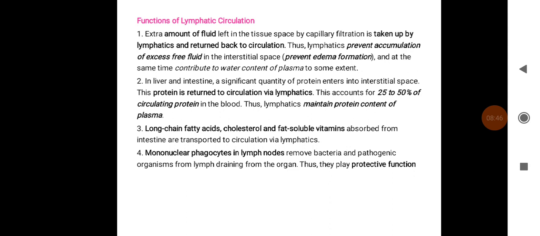Long chain fatty acids, cholesterol, and fat soluble vitamins absorbed from the intestine are transported to circulation via lymphatics. Mononuclear phagocytosis in lymph nodes removes bacteria and pathogenic organisms from lymph draining from the organ. So thus they play a defensive function.